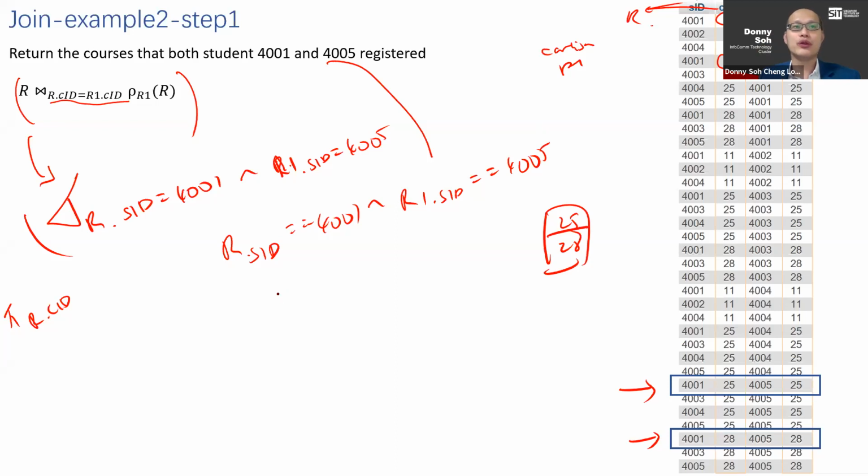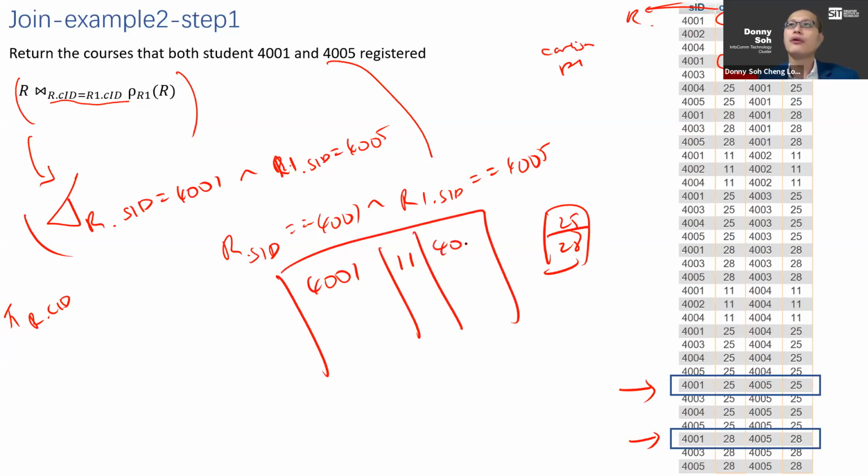So what if we were to carry out this relationship? What we will have is, let's say, 4001 also took course 11, and then I also have 4005 also taking another module, say 25.